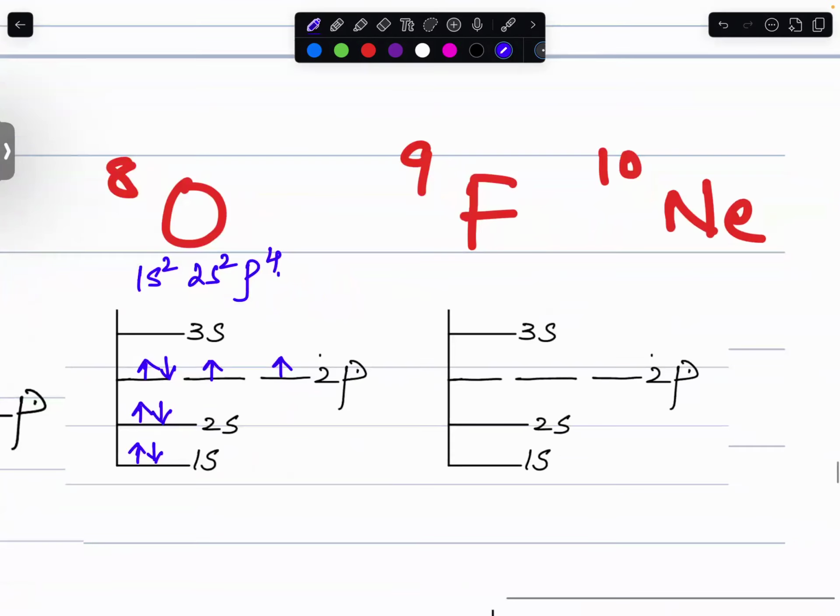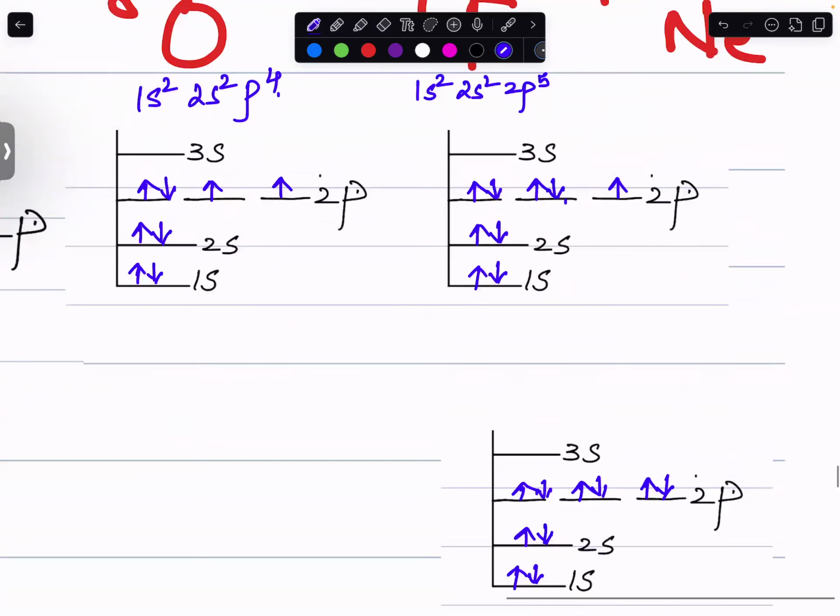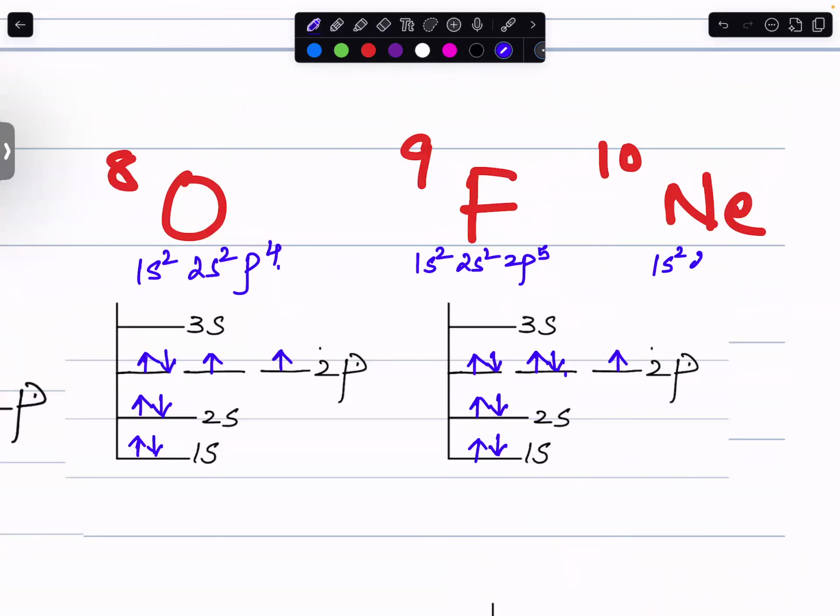What about fluorine? 1s2, 2s2, 2p5. And neon 10: 1s2, 2s2, and 2p6. Right?